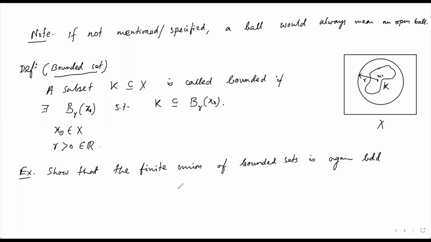That is, if, let's say, K_i for i equal to 1 to n are bounded, then the union K equal to the union of K_i over i equal to 1 to n is also bounded.